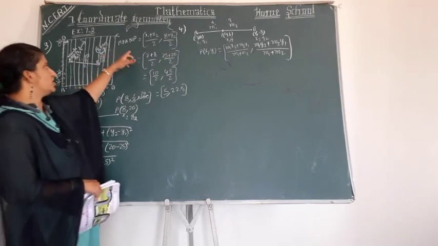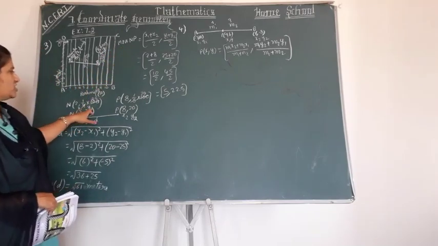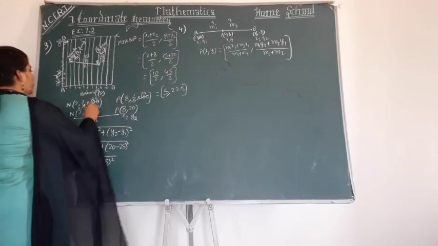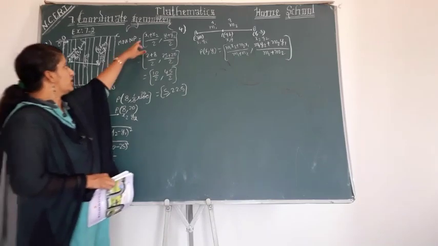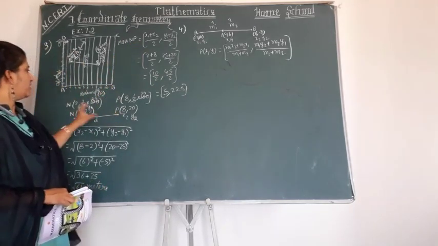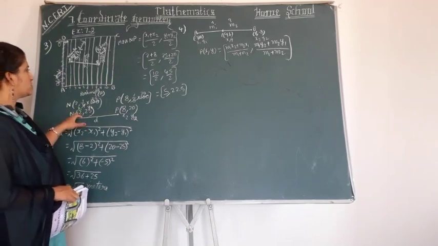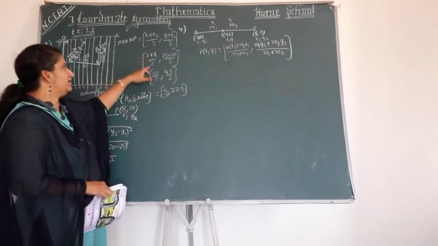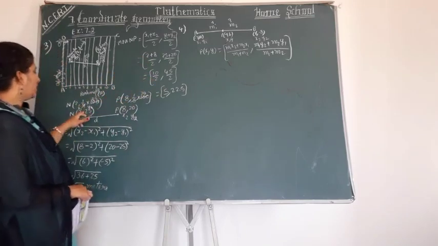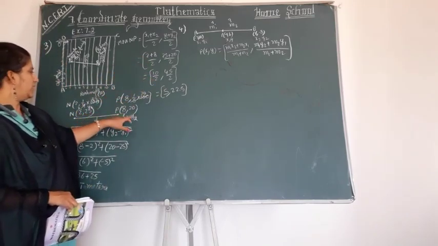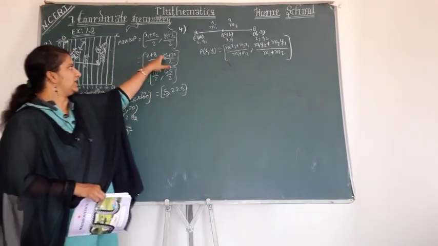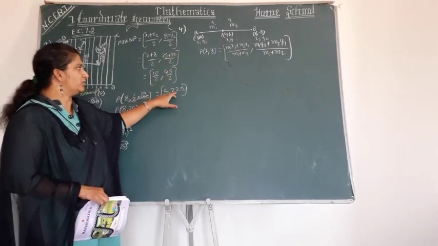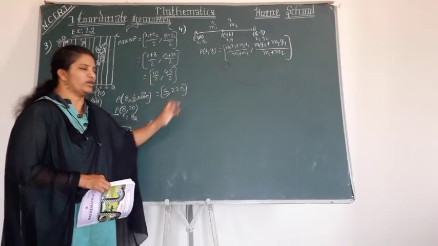So look over here children. x1, y1 won't be changed. x2, y2 also won't be changed. So here x1 plus x2 by 2, no? 2 plus 8, that will be 10, 10 by 2 will be 5. Coming to your y1 plus y2, 25 plus 20, that will be 45 by 2, it will be 22.5.